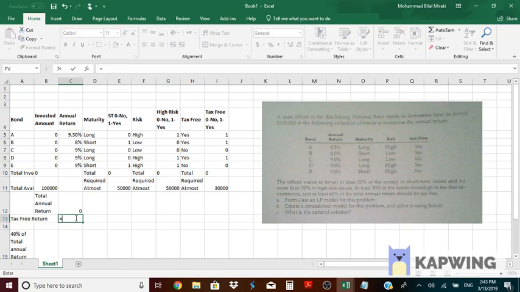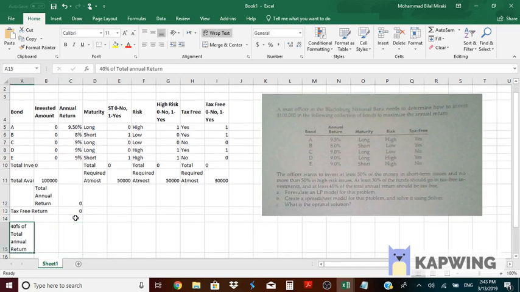So here, the percentage of return of bond A multiplied by the investment amount, plus the percentage of bond B multiplied by its investment amount, plus the percentage of bond D multiplied by its investment amount.